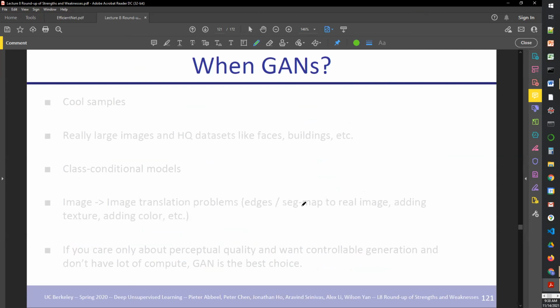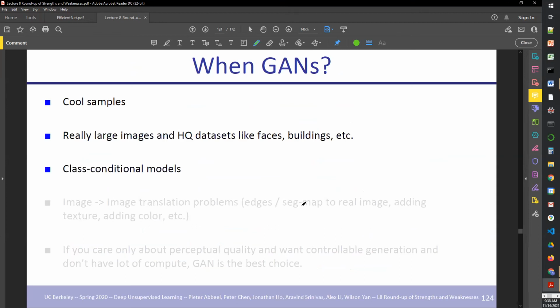When do we use GANs? When we really need cool samples, high quality images, large images, spaces, buildings, when we want class conditional models, as we've seen, then image to image translation problems.